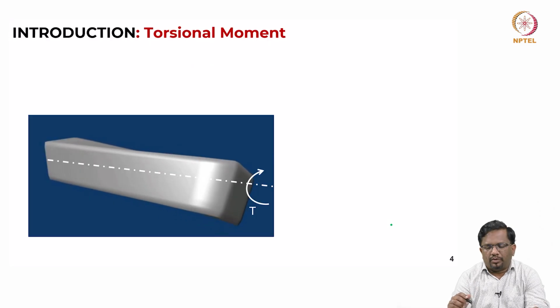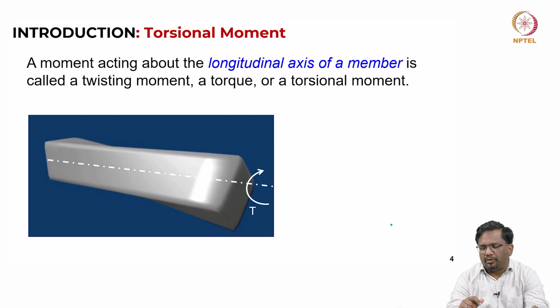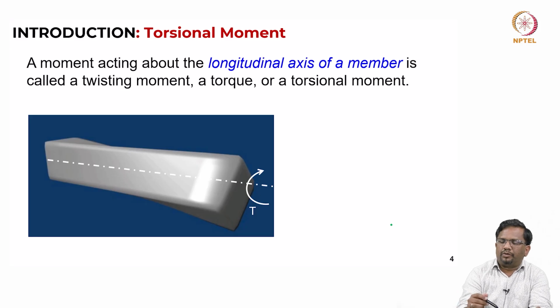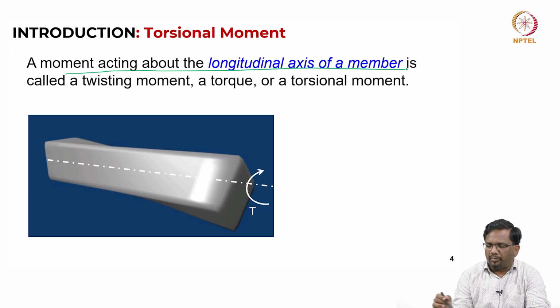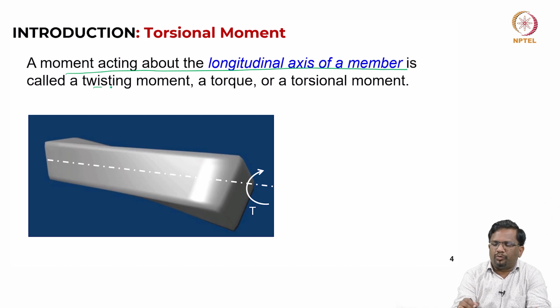Right. So, torsional moment, typically we call torque an externally applied force. Whenever a moment is acting about the longitudinal axis of the member, like what you see here, it is called a twisting moment or a torque or a torsional moment.